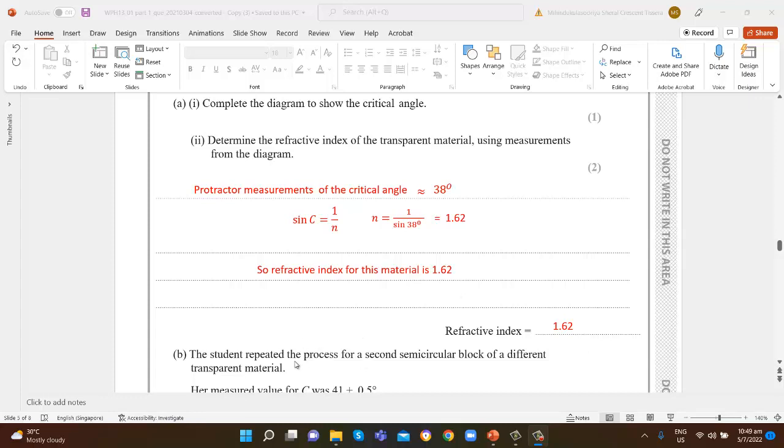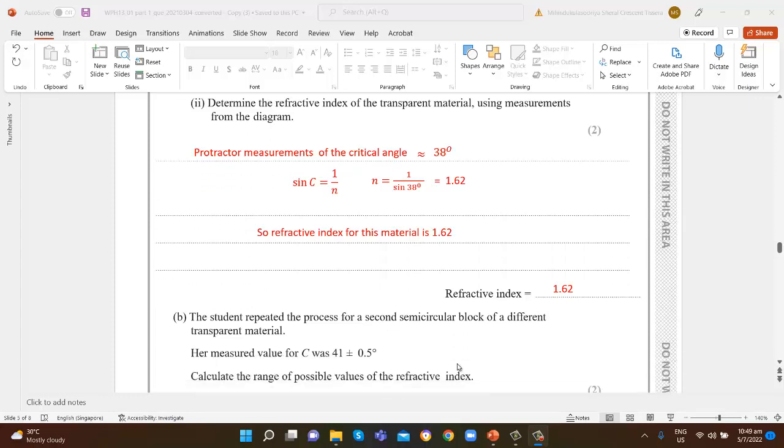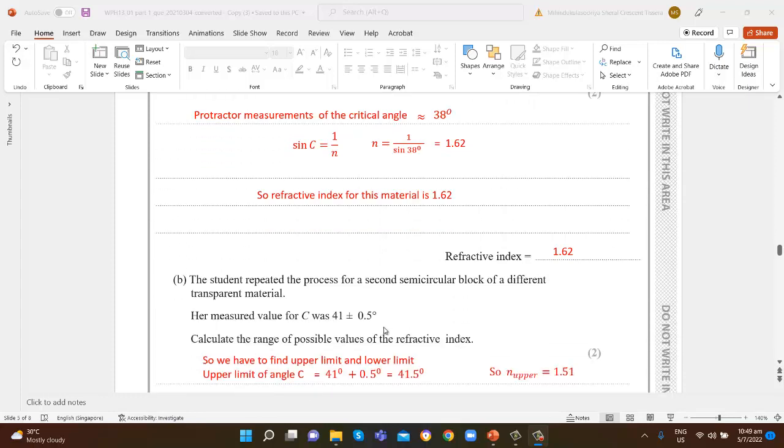Then the student is repeating the process with a second, different material, and the measured value is a critical angle of 41 plus or minus 0.5. He got 41. Now see, calculate the range of possible values for the refractive index.